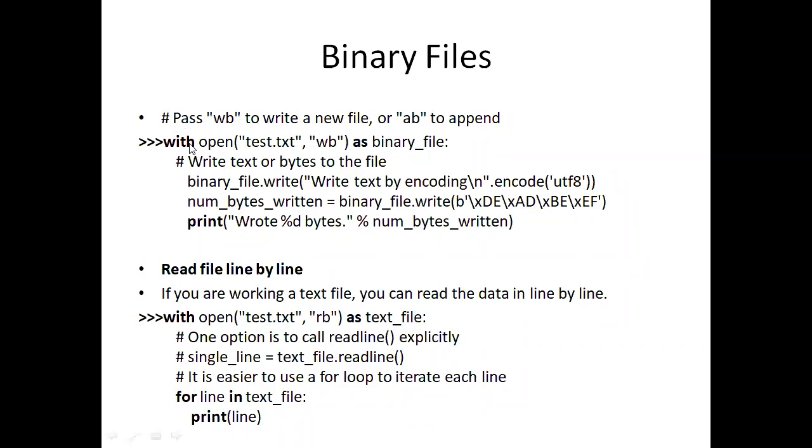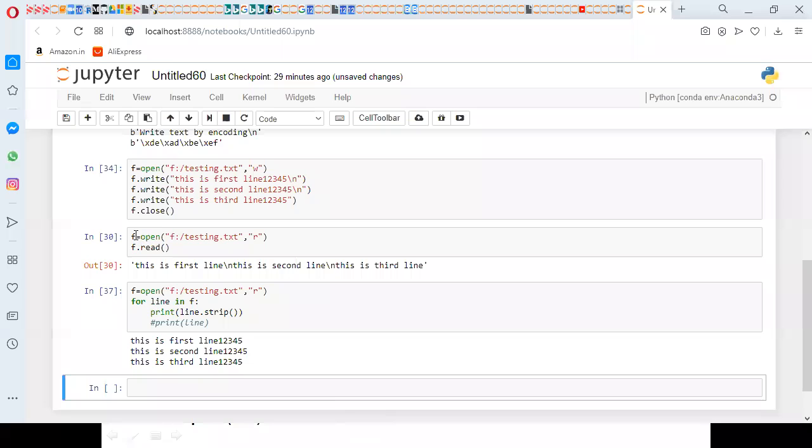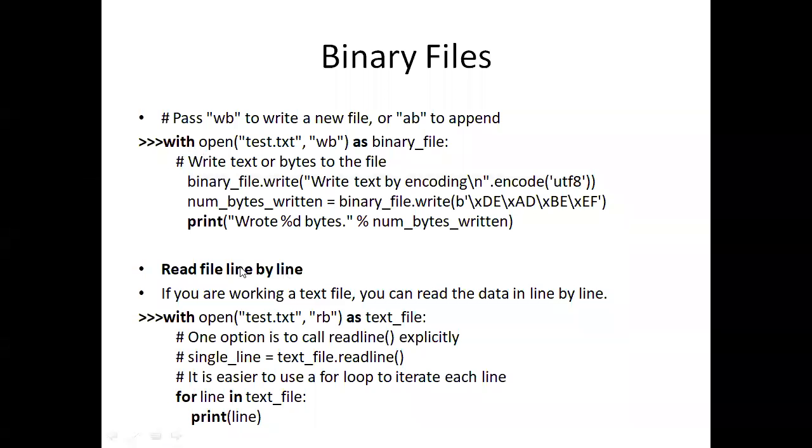Earlier I said f equal to open file name, and reading mode or writing mode I mentioned. There is another way to open the file: with open, same file name and mode, whichever mode you want, as file object. It is simply equivalent to f equal to open of test.txt wb.